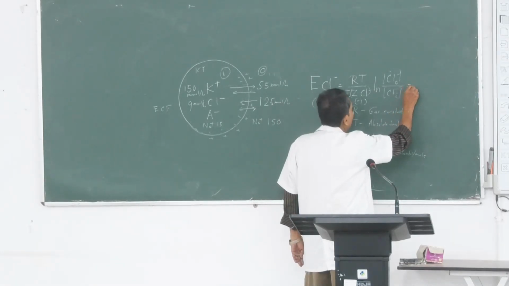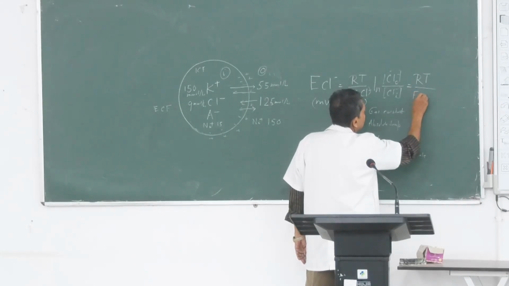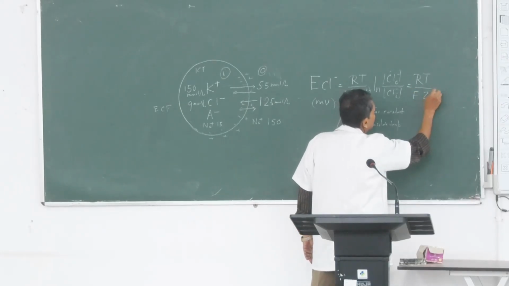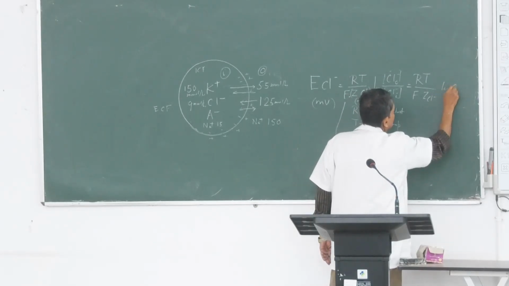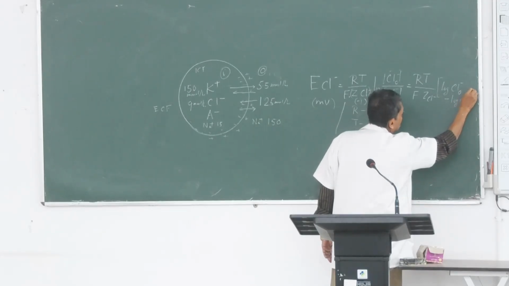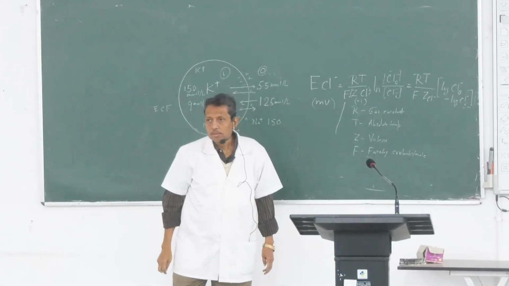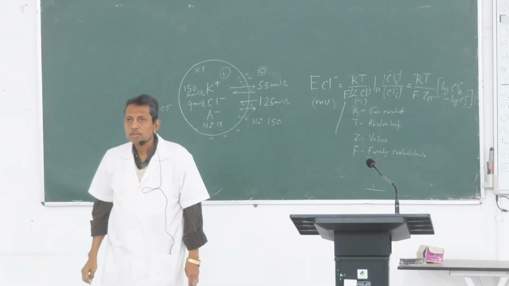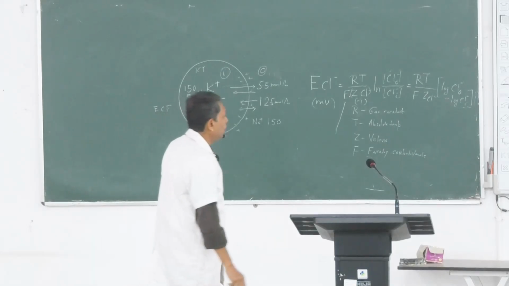Now you can separate it. You can modify this RT by F ZCl into log, and break it down in this form. Then you are getting two components.